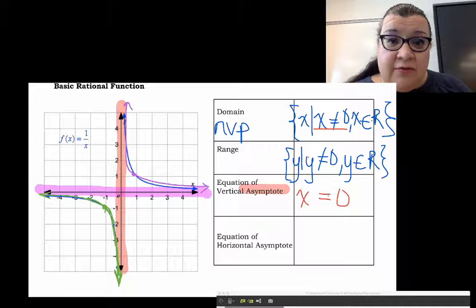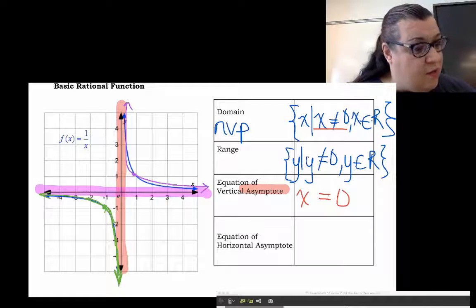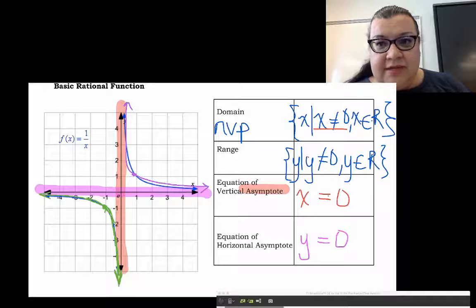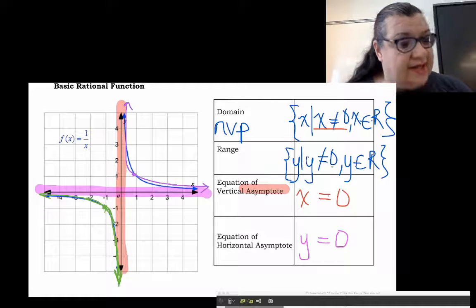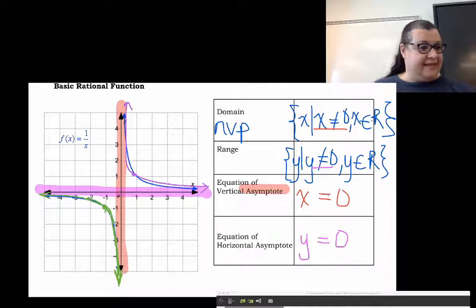This value of y that we are going to get very close to, but never cross. And so the equation of our horizontal asymptote is that y is equal to 0. Again, related to the range. Okay? So hopefully that makes sense.